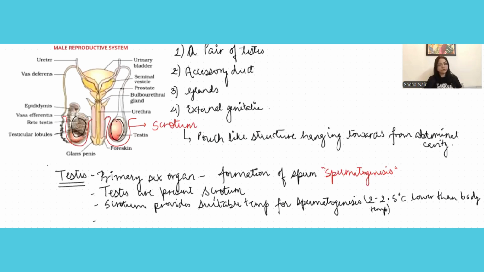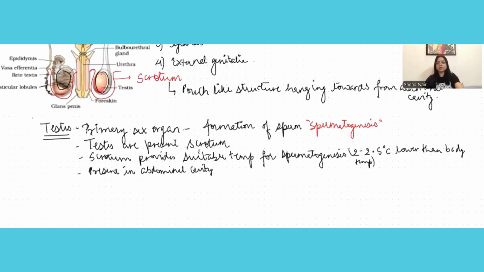During fetal life, they are present in the abdominal cavity, and during the seventh month of fetal development, they descend down into the scrotum.